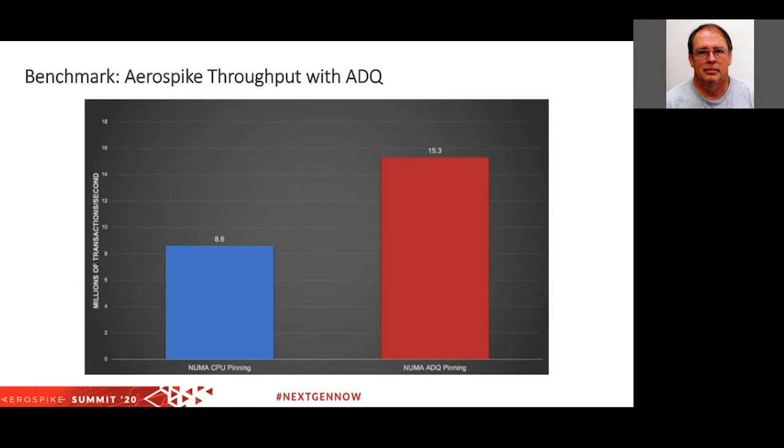And so that means that when the Aerospike service thread starts looking at data on the left side, it's pulling them into the cache for the first time.